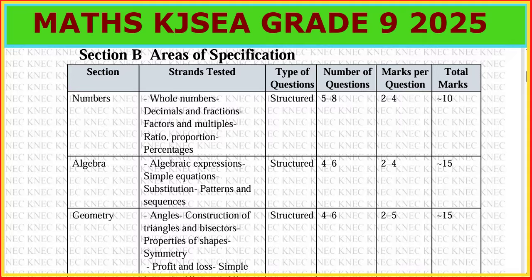Then you'll have what we call geometry. Remember, we have angles, construction of triangles, bisecting angles, bisecting lines, and properties of shapes. For example, you can be told it had 4 sides, and the sum of all interior angles was 360.